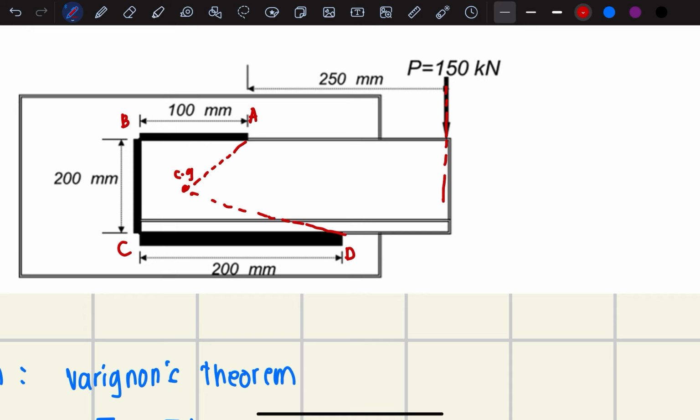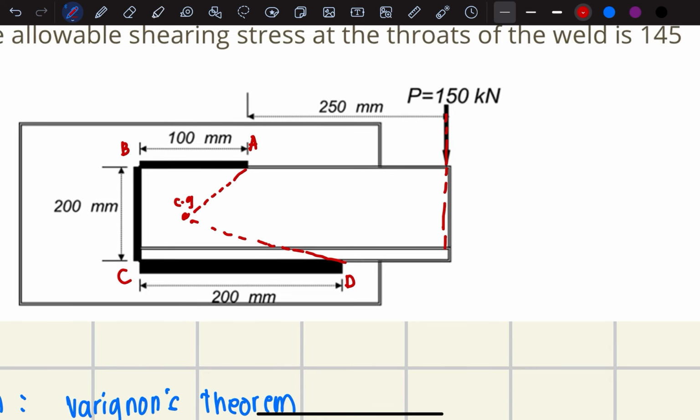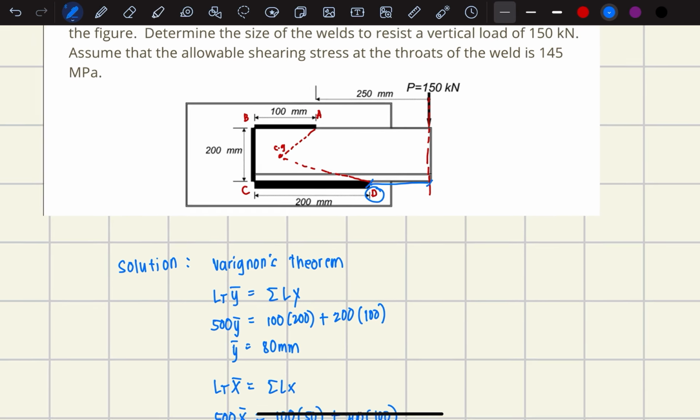Pero may pangalawa pang criteria which is pagka yung line of action ng applied load is malapit. So, kung sino yung malapit sa line of action ng applied load, siya yung critical. So, sa tingin ko, ito yung most critical, no? Yung D. So, i-direct substitute na natin.